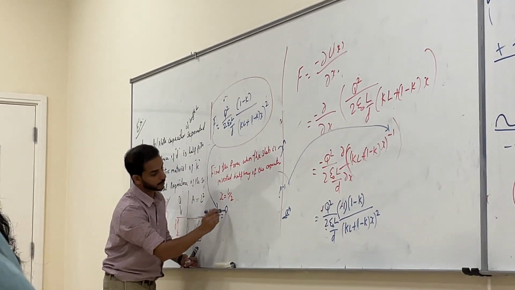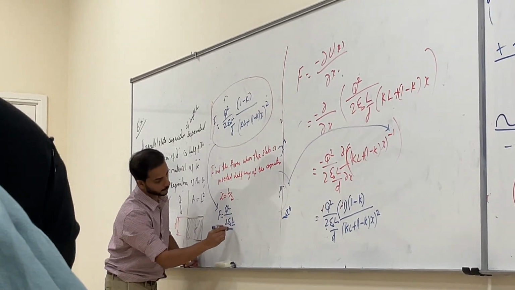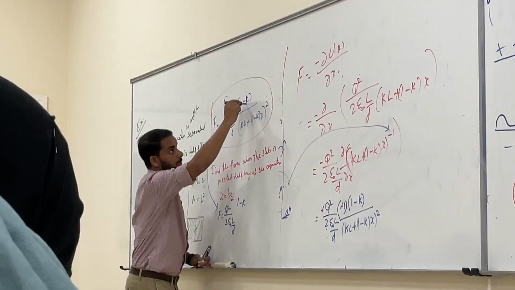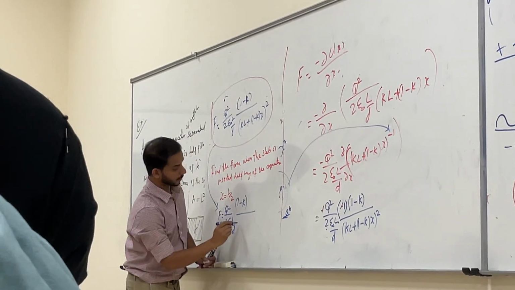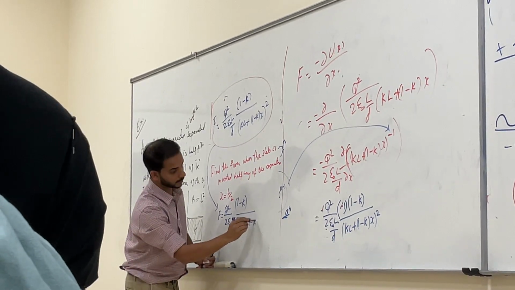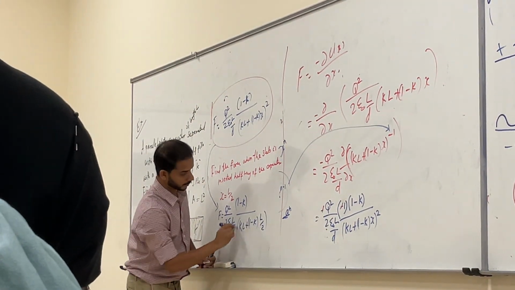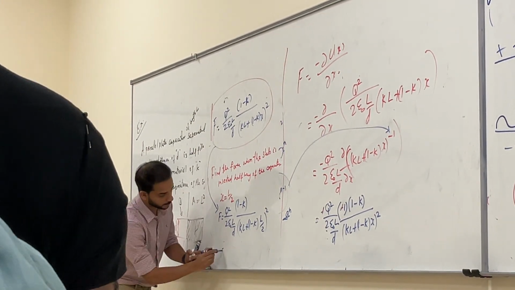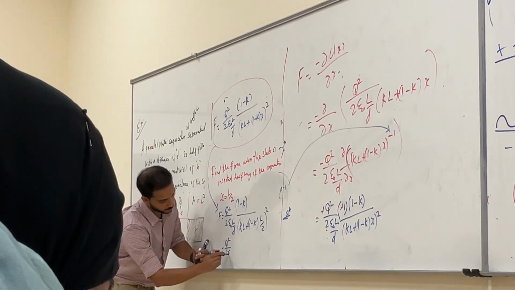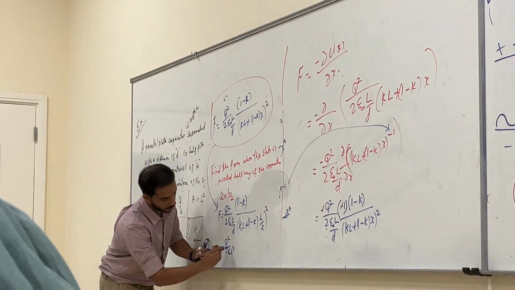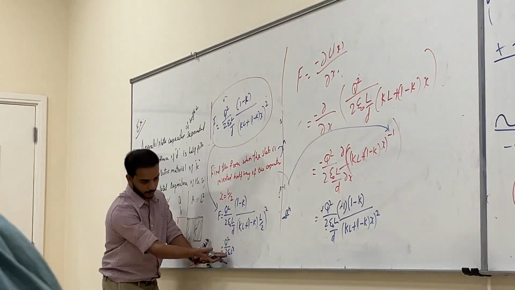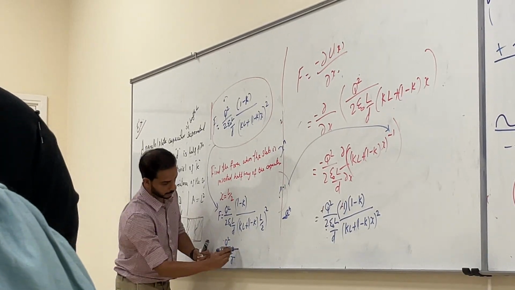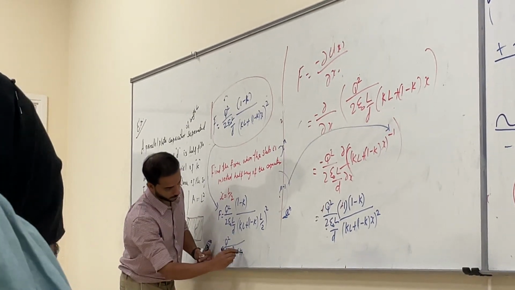My force will be Q squared over 2 epsilon 0 L over D, into (1 minus K), this is K by the way, don't get mistaken, divided by (KL plus (1 minus K) into L by 2) squared. L squared I can take outside. So the final answer will be Q squared over 2 epsilon 0 L cubed. Either I can leave the D here or I can write Q squared D. That depends on you. Then K plus.